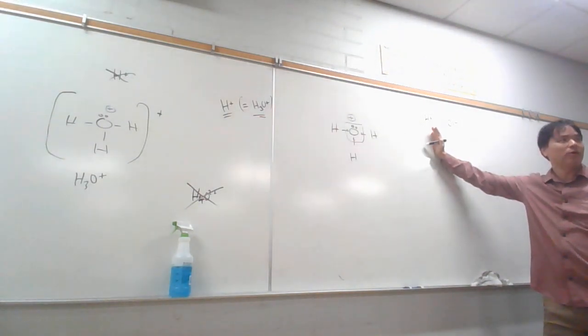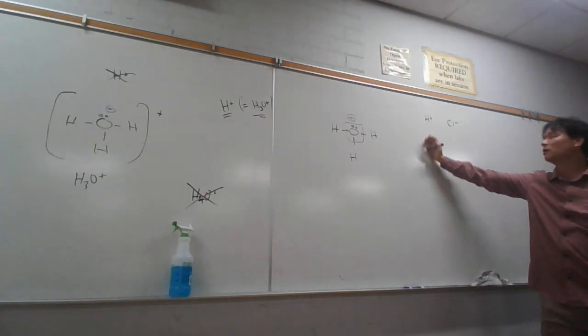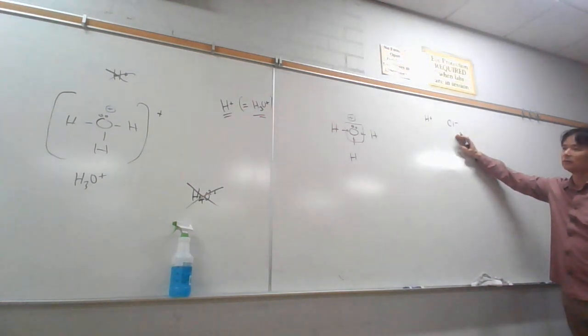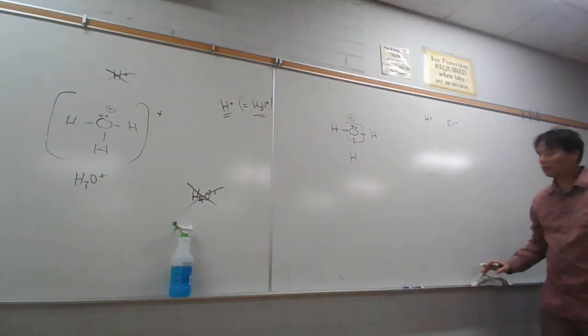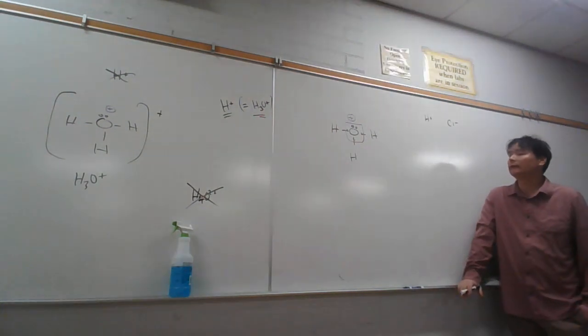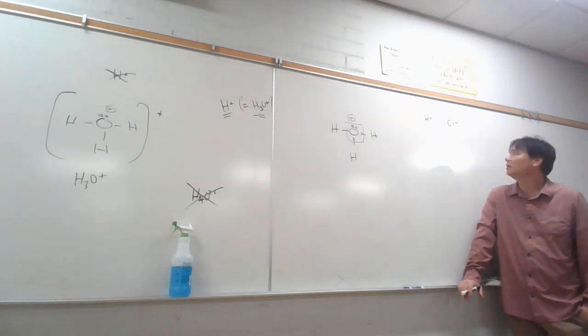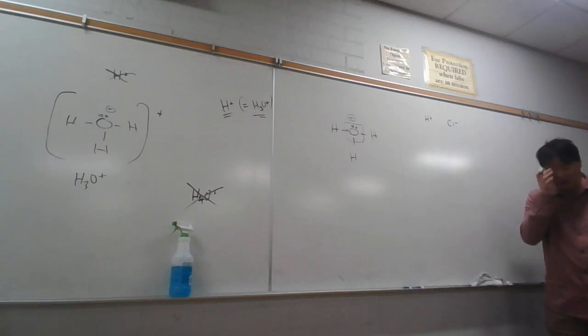H+ likes all the base anions stronger than water. Good. What cations does chloride like? Chloride actually likes only 3 cations. What are they? Silver ion, lead 2, and mercury 1. All those will cause it to precipitate out, but other than that, that's it.